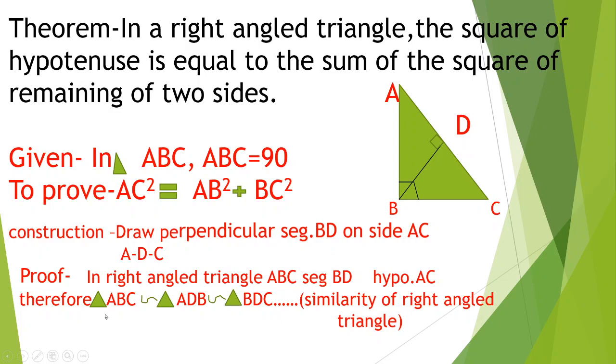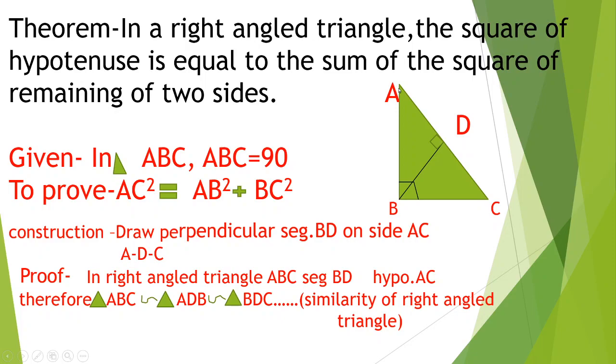So directly I write here from this figure, triangle ABC is similar to triangle ADB, which is similar to triangle BDC. From segment BD, triangle ADB and triangle BDC are formed in the original triangle ABC.